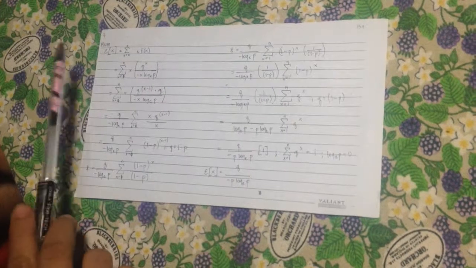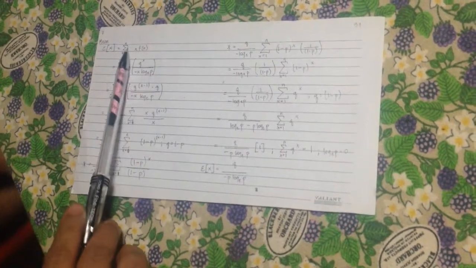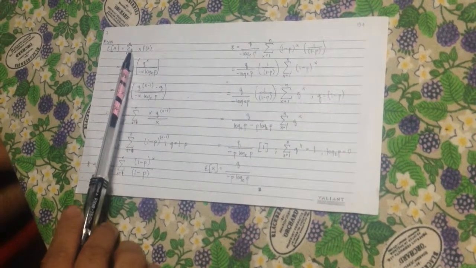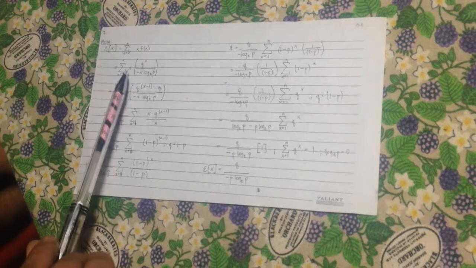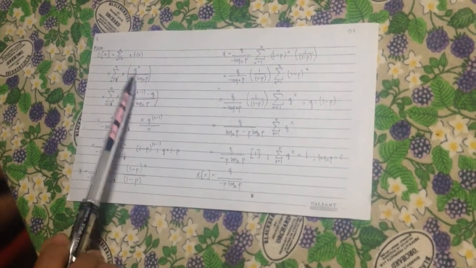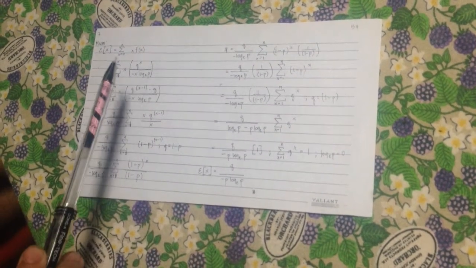Solve for the mean of the logarithmic distribution. We have the summation of x f of x, where x is equal to 0 up to n. So we substitute the value of f of x here, which is q raised to x over negative x log of p sub e.